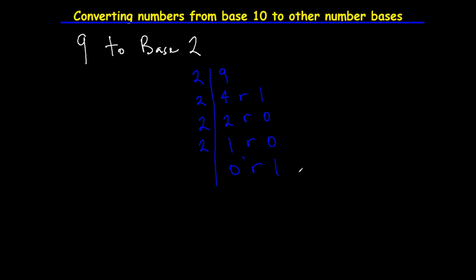So to get our answer, we take our answer from bottom to top. We just draw an arrow like this, and we take our answer from bottom to top. So our answer becomes the number 9 is equivalent to 1001 in base 2. So this is our answer.